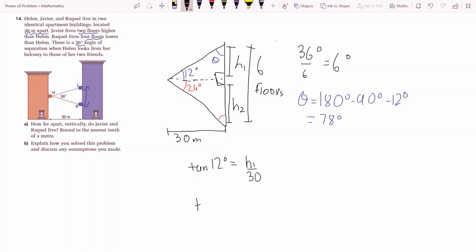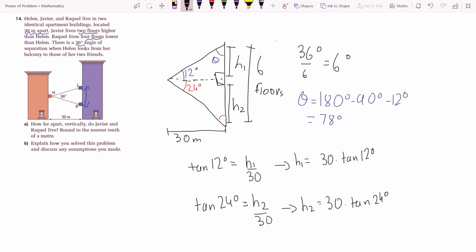Then we can also equally say that tan 24 degrees is equal to opposite over adjacent, height 2 over 30. So now we can say that H1 is equal to 30 times tan 12 degrees, and H2 is equal to 30 times tan 24 degrees.